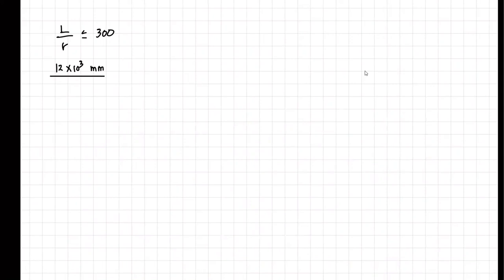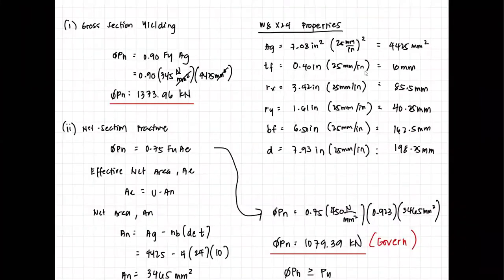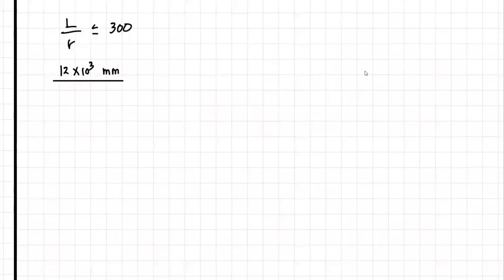For radius of gyration, we select the minimum based on the values that we gathered, rx and ry. The least value is 40.25 mm, so we use that value. Cancel out the unit. 12,000 divided by 40.25, we have 298.137, which is actually less than 300.